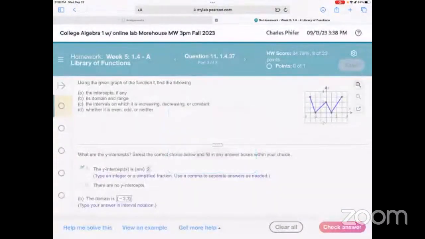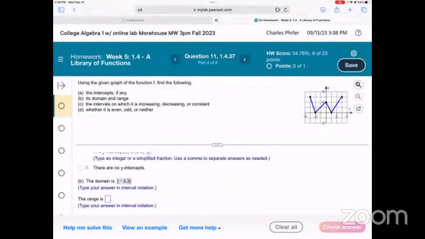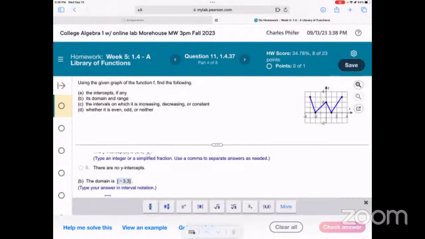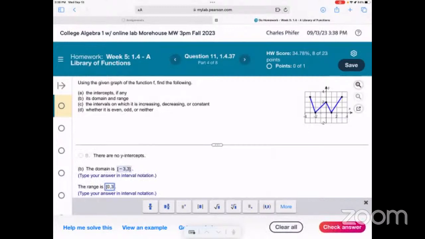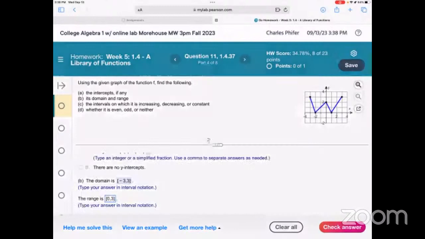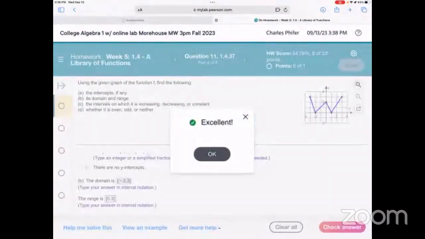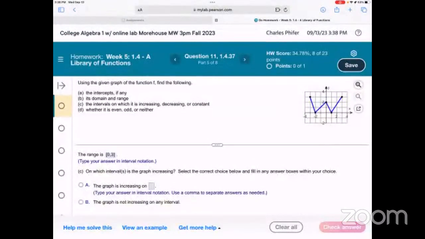Okay. The range is the very bottom to the very top. The very bottom is 0. The very top is 3. And we use brackets because we include those points. 0 to 3 in brackets. Increasing.